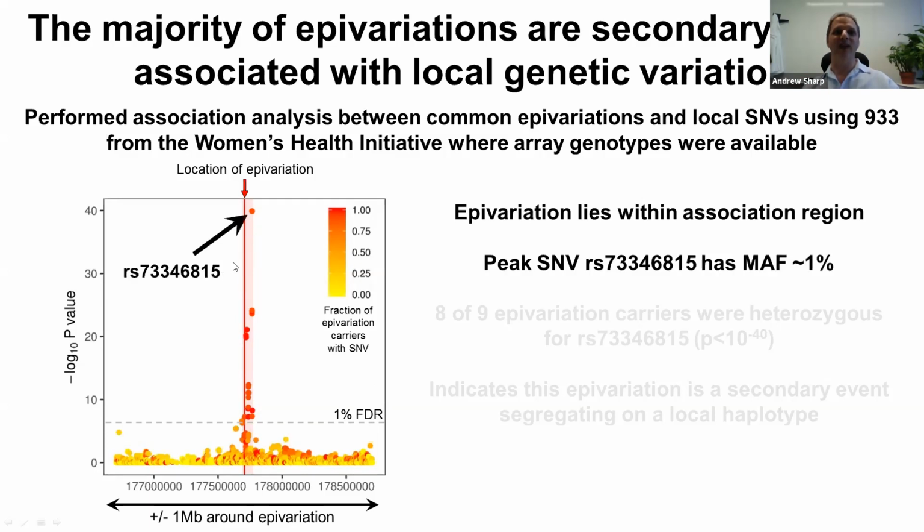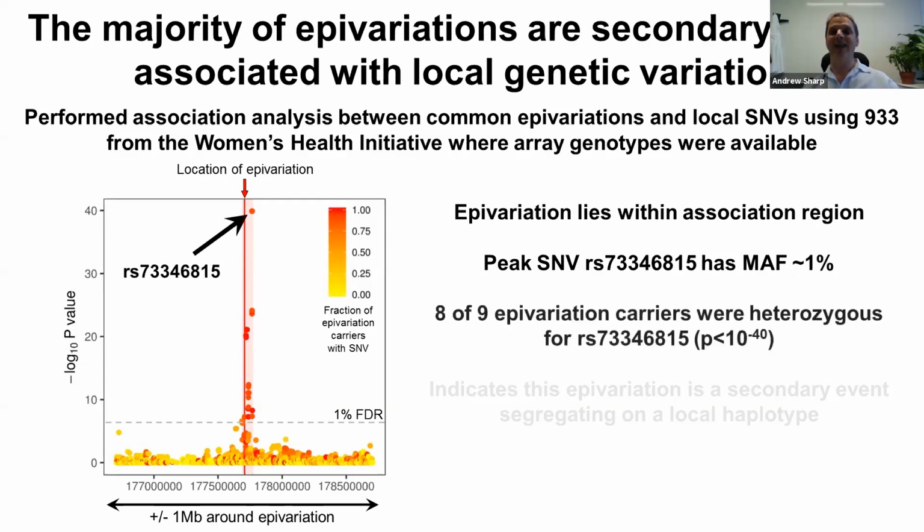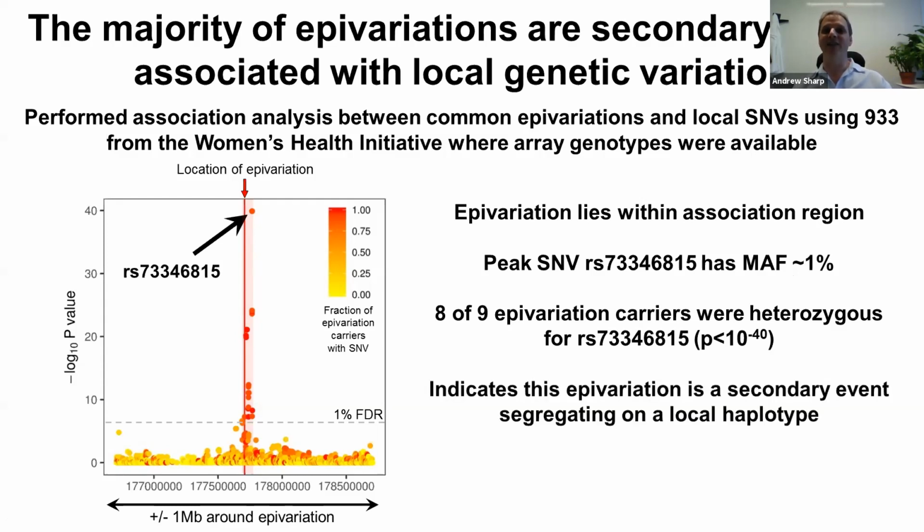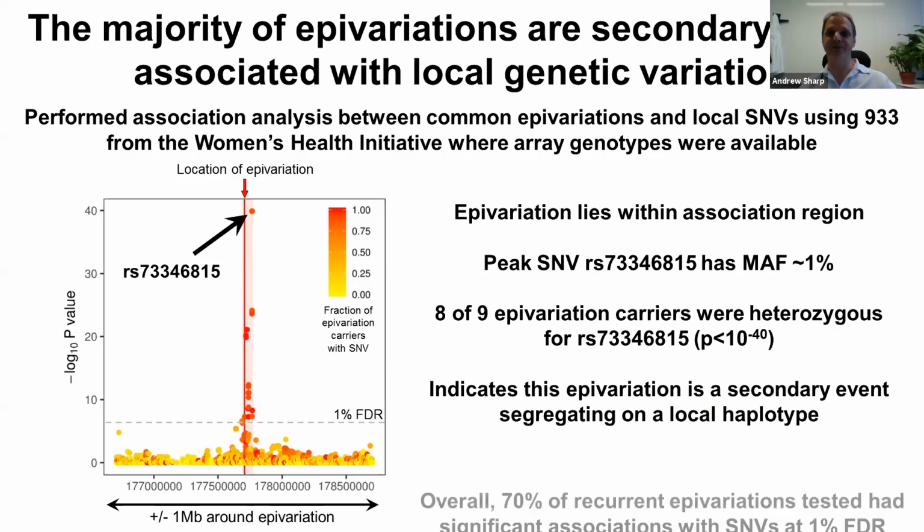Our peak SNV here has a minor allele frequency of about 1% in the normal population. But here we had 9 carriers of this epivariation, and 8 of the 9 were heterozygous for the SNP. That gives us a very strong p-value, about 10 to the minus 40, and tells us that this particular epivariation is clearly a secondary event that's segregating on a local haplotype marked by these particular SNPs.